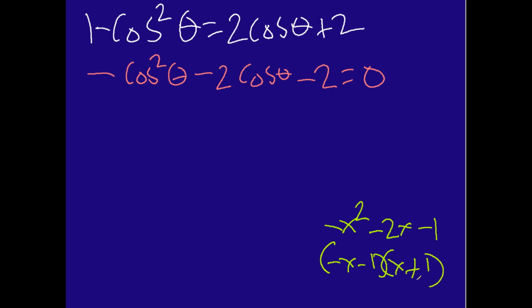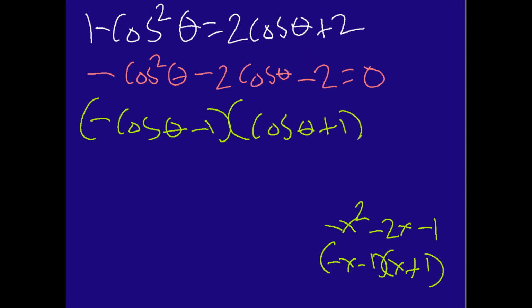Again, we've talked about factoring in other videos, so I can't re-explain everything. So if I were to take my ideals down here and put them in my original equation up here, I would have negative cosine theta minus 1, and then I would have cosine theta plus 1, and these equal 0.